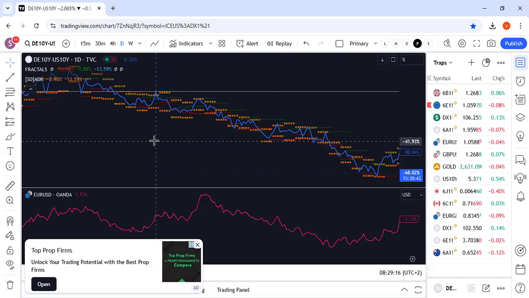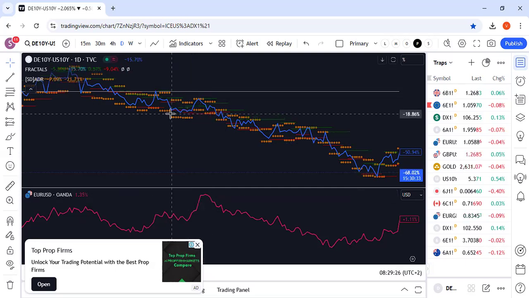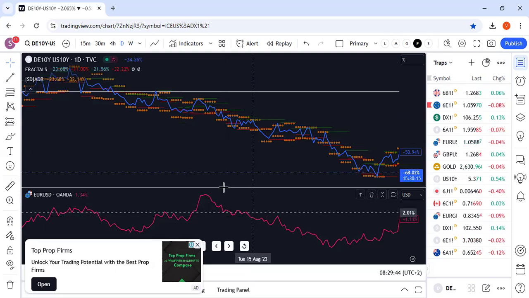You can see this is still in a downtrend. Now this one looks, if you are just watching Euro USD, it will look to you that we are going into an uptrend. But what happens? Your yield is still showing you this is still basically a long-term downtrend. We haven't broken above this primary point, right? And as long as we haven't broken above that point, we are still largely in a downtrend. And of course, Euro USD eventually aligns and rolls over.